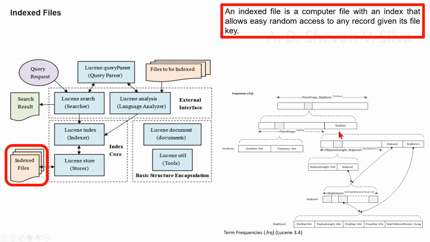Skip data. The skip data contains a set of skip lists that allow us to find term frequency doc delta, FRQ, freq quickly.